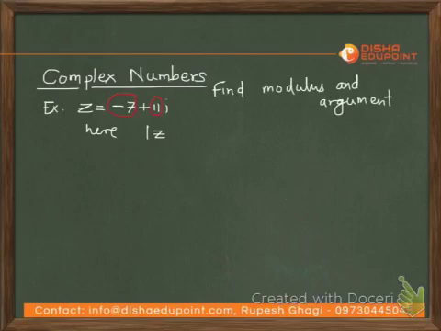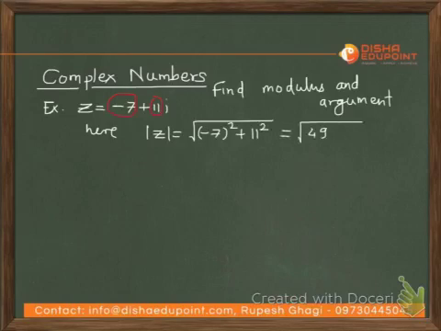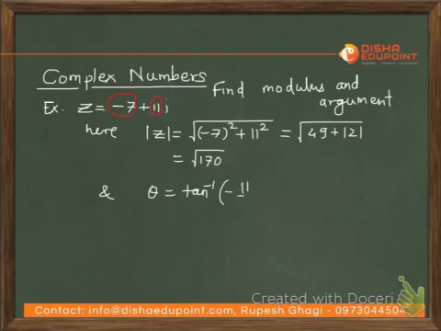So obviously mod z is equal to square root of real part square plus imaginary part square, and that is equal to obviously 49 plus 121, and that is equal to under root of 170. Now what about theta? So we know theta is equal to tan inverse of b upon a, which is equal to 11 upon minus 7, minus 11 by 7. So in this way we can find out the modulus and the argument for any given complex number.